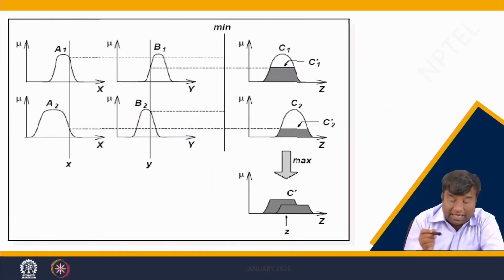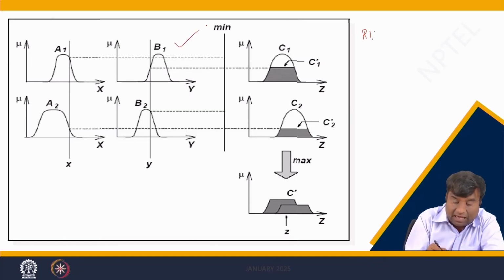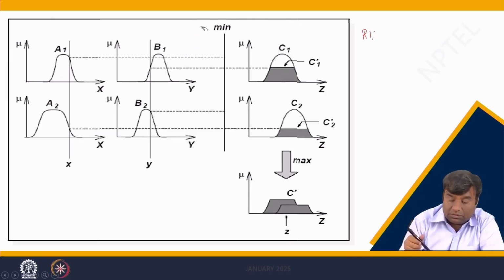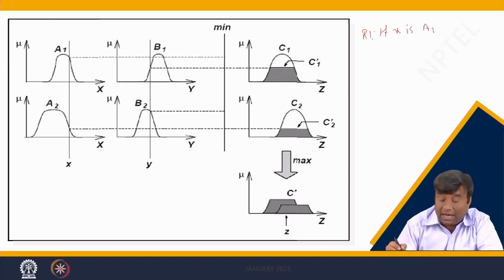Try to understand these things here. For this question, this part is rule R1: if x is A1 and y is B1, then z is C1.